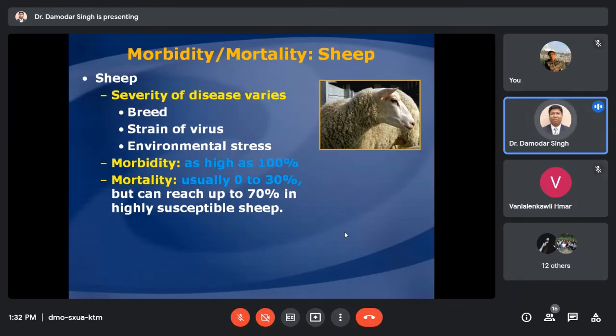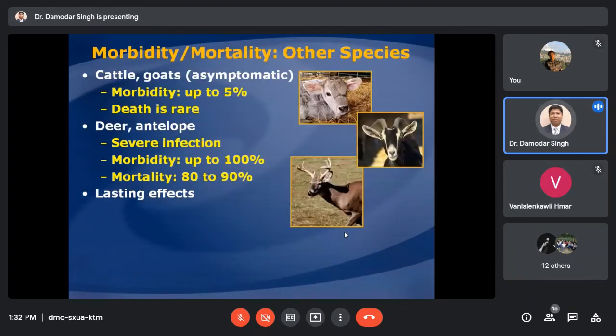Once the outbreak is there, 10% of the population can be affected. But when we talk about mortality, it may be nil or zero, maybe a maximum of up to 30%, but it can reach up to 70% in highly susceptible sheep. Meaning the highest mortality rate may reach up to 70% only in a highly susceptible breed of sheep.